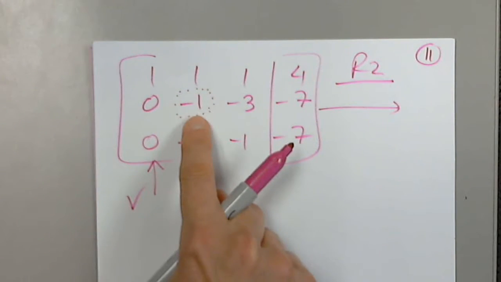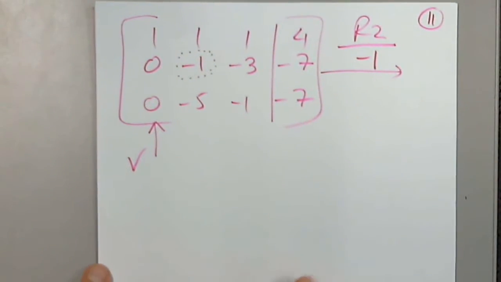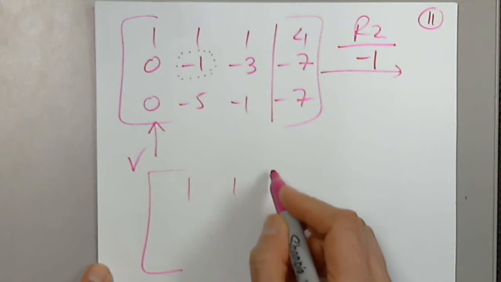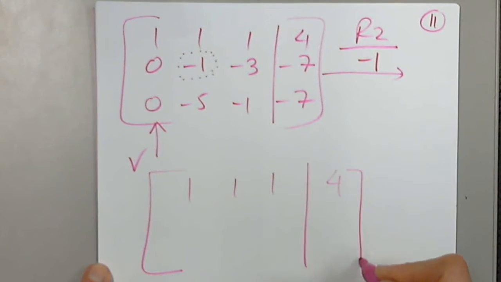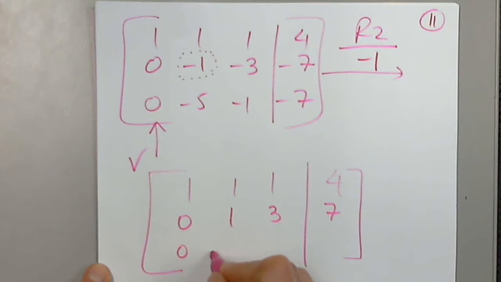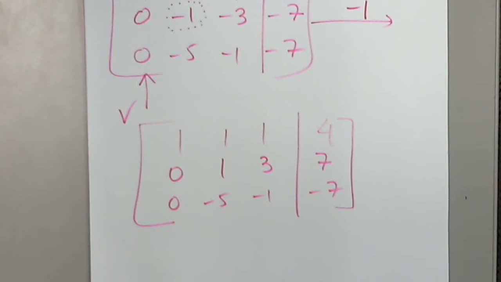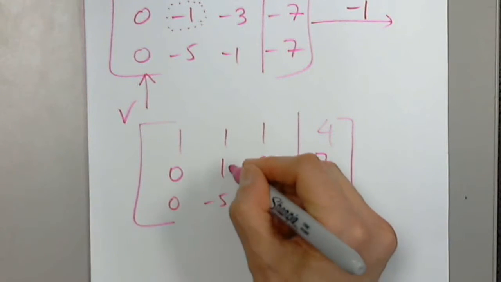I want a 1, not a -1. So I'm dividing both by -1. Very good. 1, 1, 1, 4. 0, 1, 3, 7. 0, -5, -1, -7. Good, so this is done.